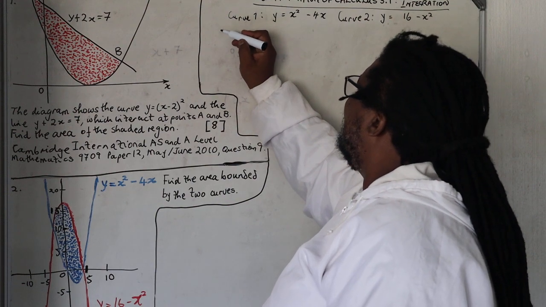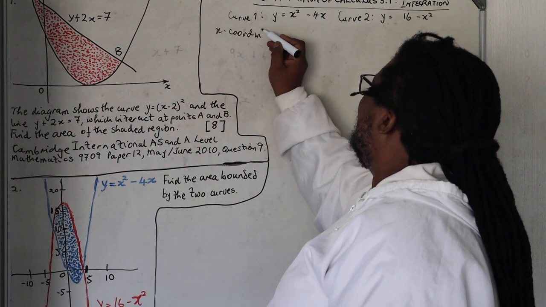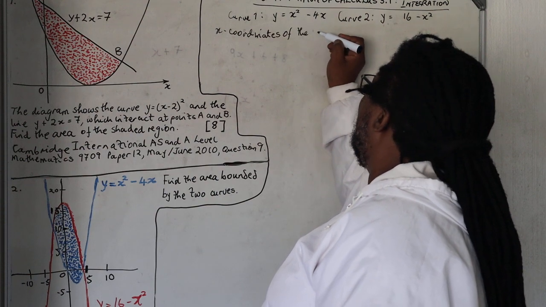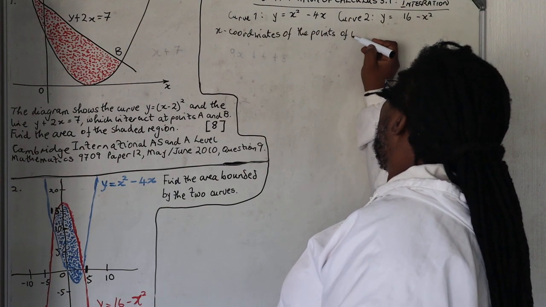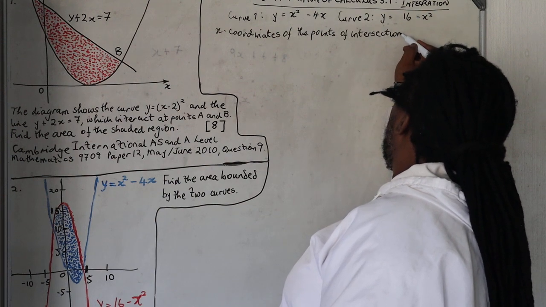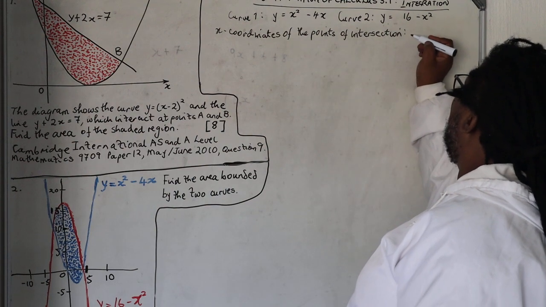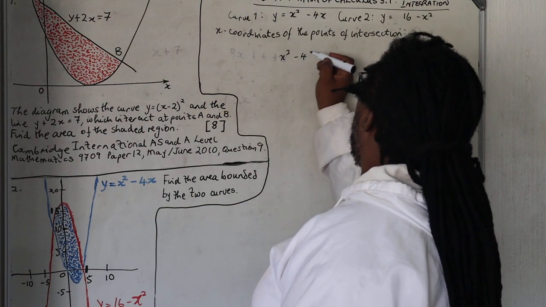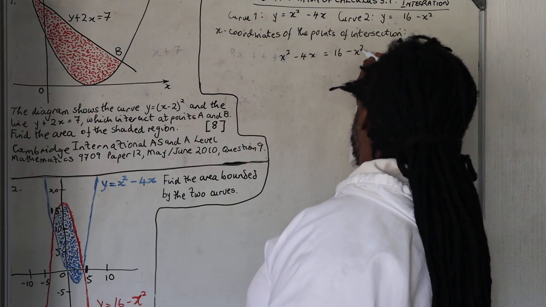For the x coordinates of the points of intersection we say x squared minus 4x is equal to 16 minus x squared.